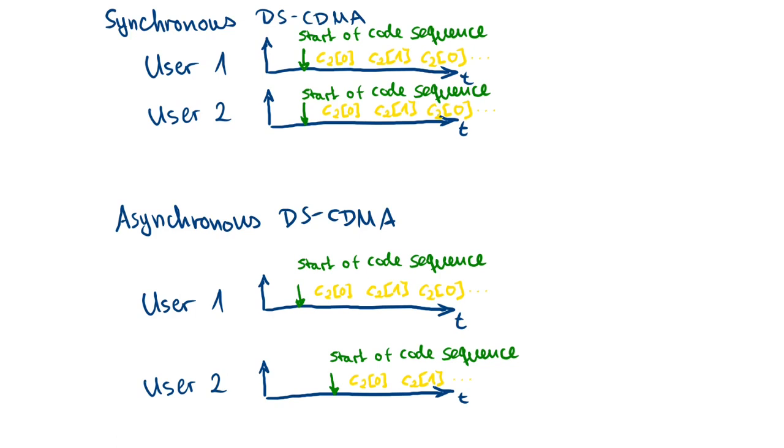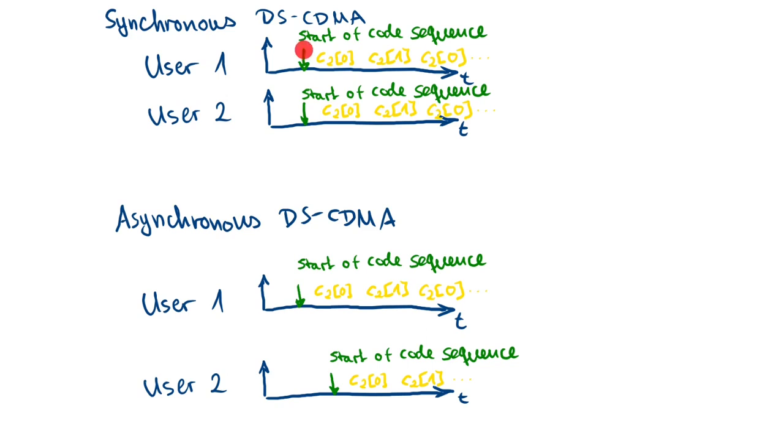CDMA relies on spreading codes, and different users use different, orthogonal spreading codes. But what matters now is the start of the code on the time axis.